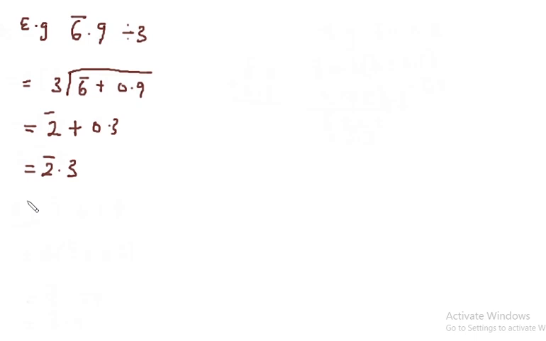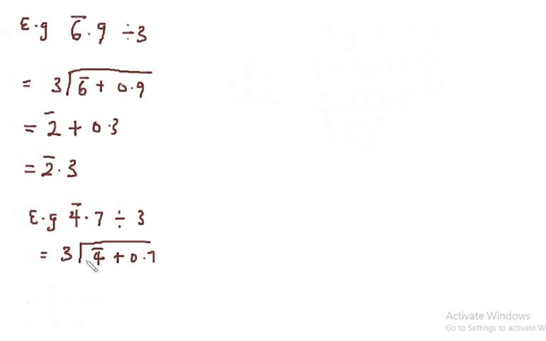Another example could be something like this: 4 bar 0.7 divided by 3. So you write out the number in characteristic and mantissa forms. So write out our number, say 3, and then we have 4 bar here plus 0.7. In this case, 4 bar cannot be divided by 3 without the remainder.